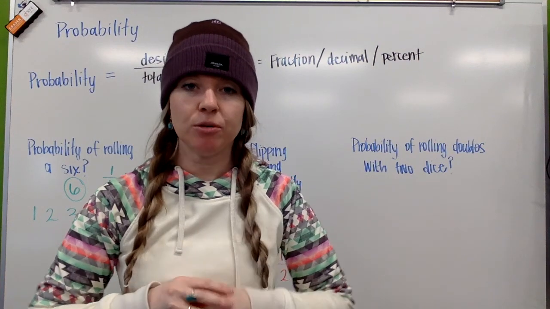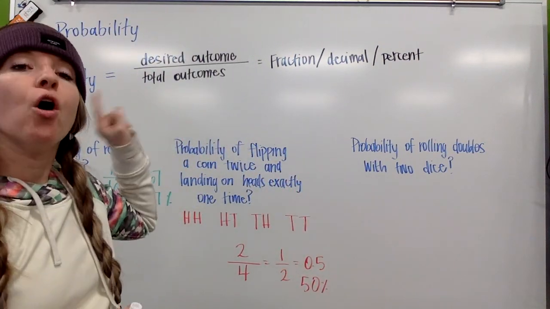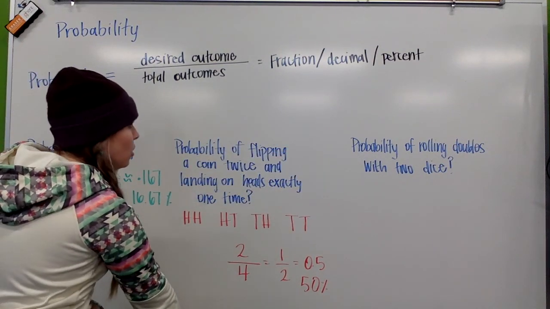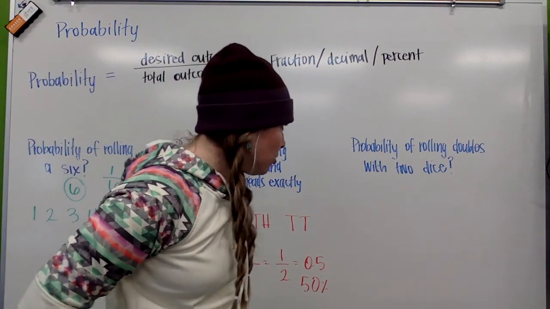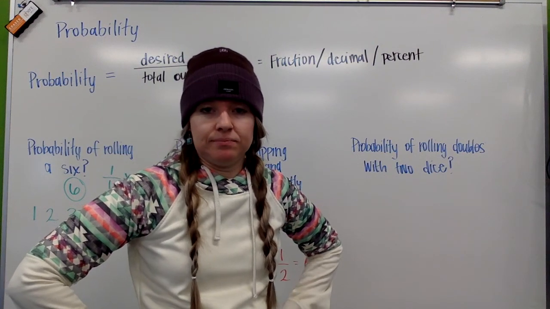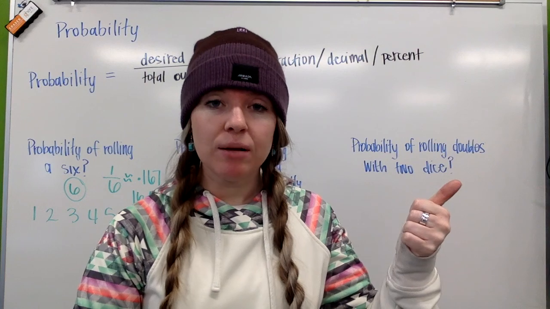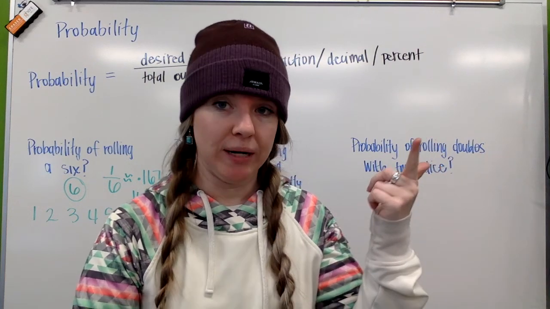Probability. It's not too bad. Desired outcome over total outcome. So we've got one more here. What's the probability of rolling doubles with 2 dice? So what we need to know is how many desired outcomes do we have and how many total outcomes do we have.